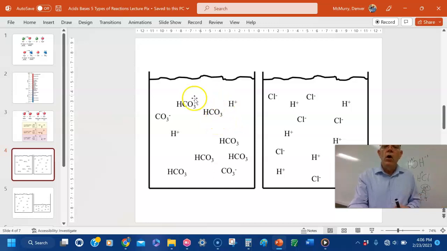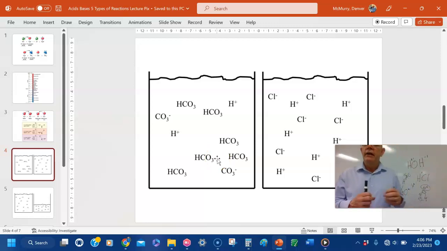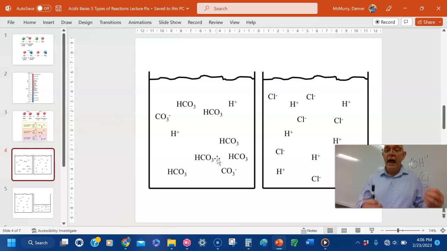Notice when you put the carbonic acid in here, some of the hydrogens come off, but most of them do not. This is why it's called a weak acid. We say it doesn't ionize or separate. The hydrogens and the CO3, the positive and negative parts, do not separate very much, and so it's considered a weak acid.